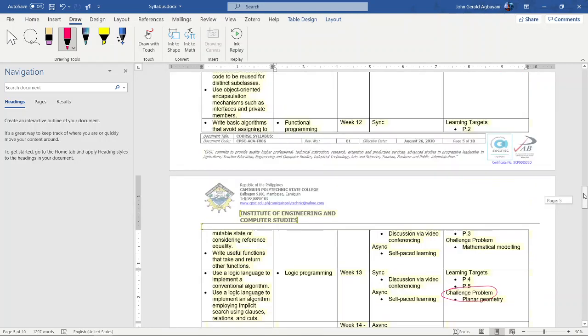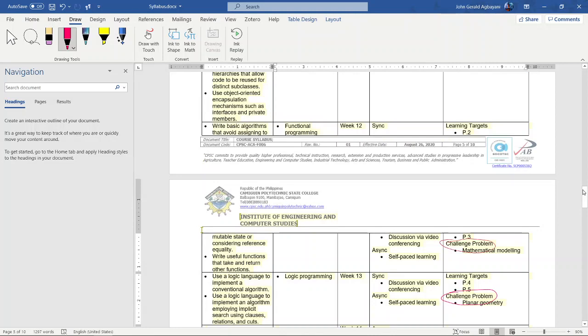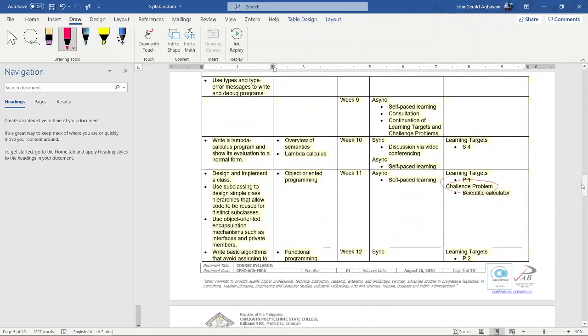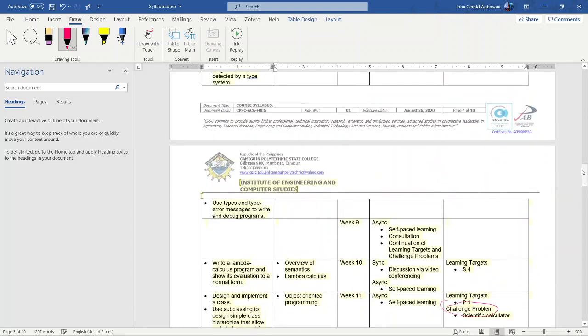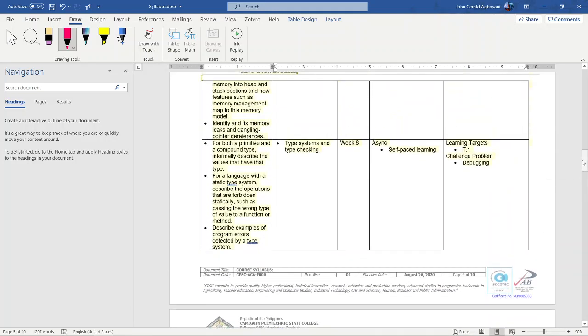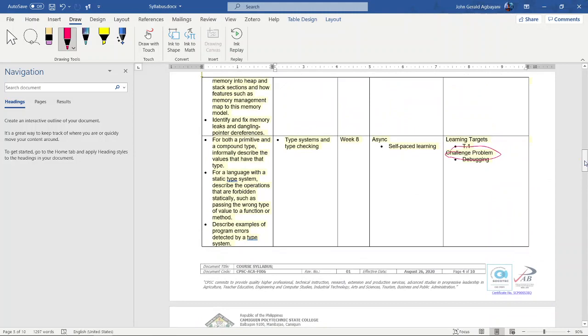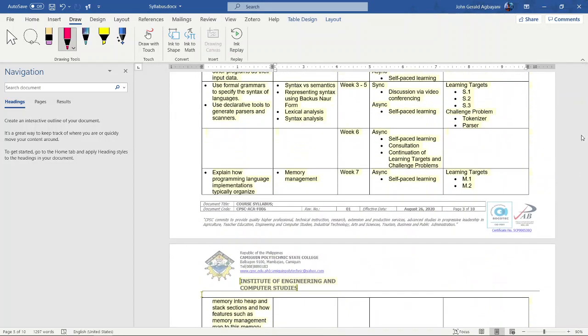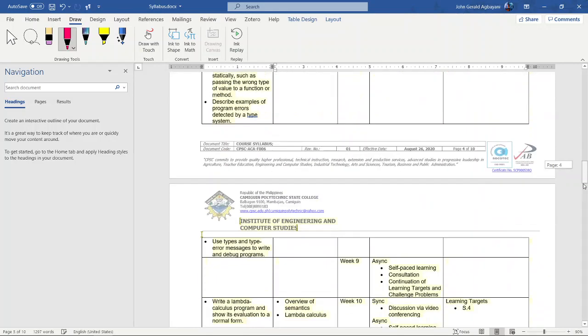So far we have 1, 2, 3, 4, five, and six. So it looks like there are six challenge problems, I guess.